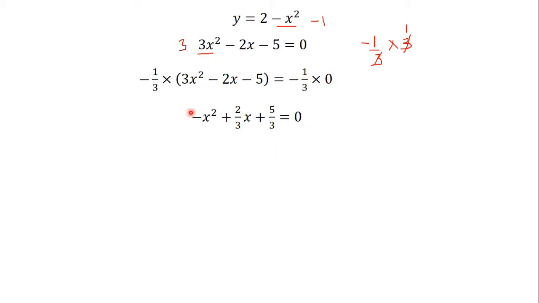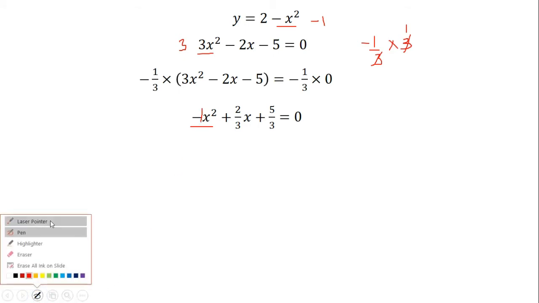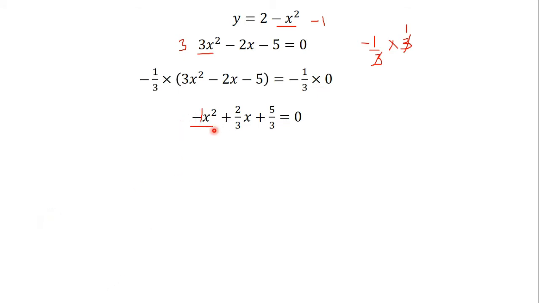So after multiplying the equation by minus 1 divided by 3, we have this equation, minus x squared plus 2 divided by 3x plus 5 divided by 3 is equal to 0. The quadratic term in this new equation is minus x squared, and the coefficient of this quadratic term is minus 1. So now the coefficient of the quadratic term in the equation is the same as the coefficient of the quadratic term in the function.